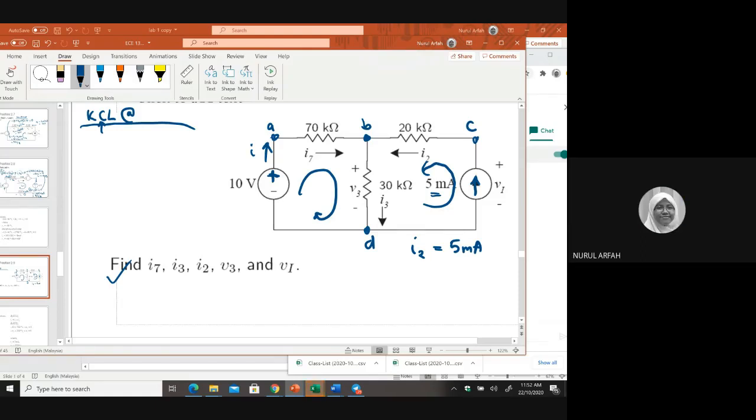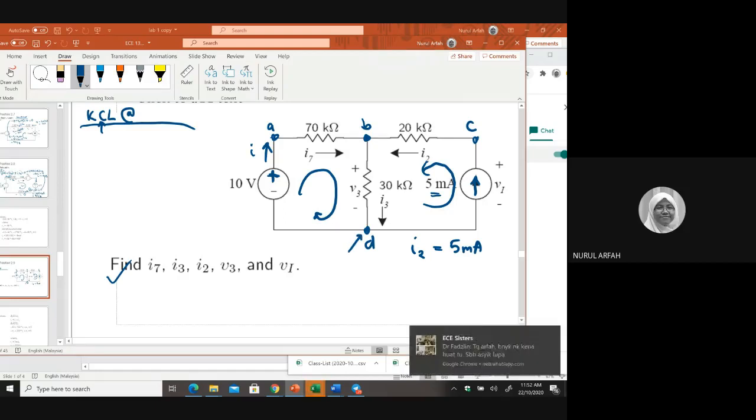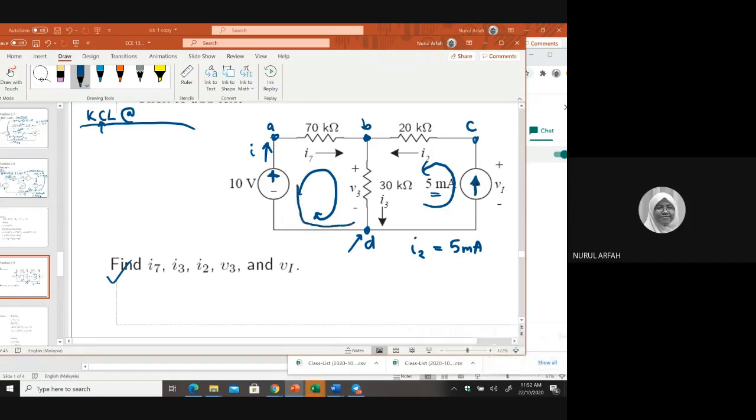D is ground, okay. But this one is also a node, right? Don't you think that we can apply KCL here? Yes, right. By the way, is the current flowing through here the same as I7? Is it the same as I7 here?